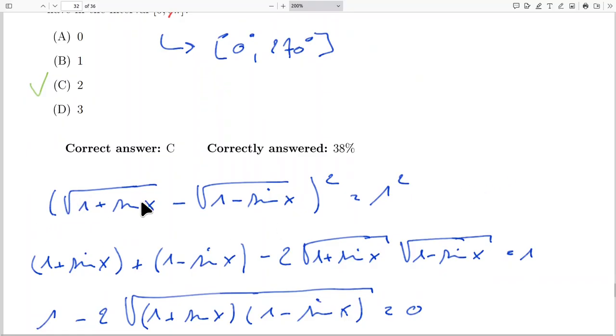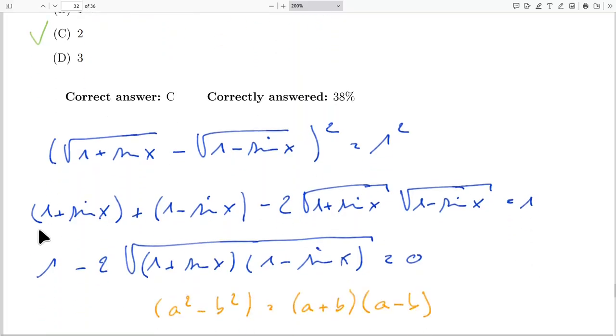So you have (a minus b) squared equals 1 squared. (a minus b) squared is a squared plus b squared minus 2 times ab. The root gets cancelled here, and here too, and then you get 2 times root of 1 plus sine x times root of 1 minus sine x, and 1 squared obviously is 1.